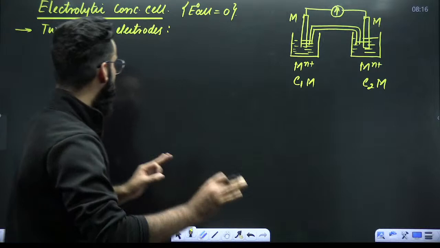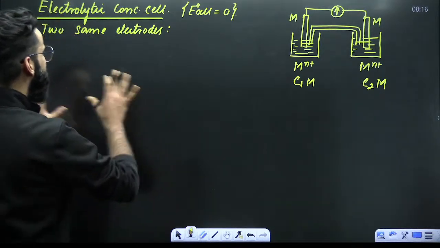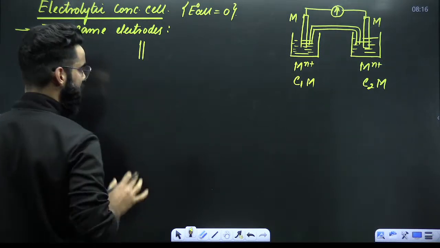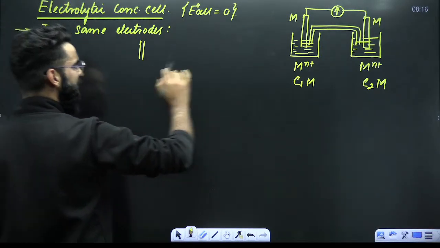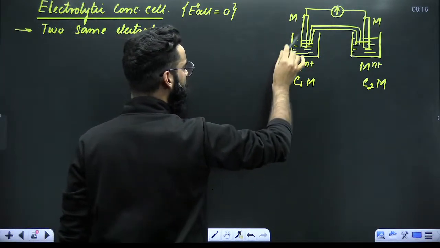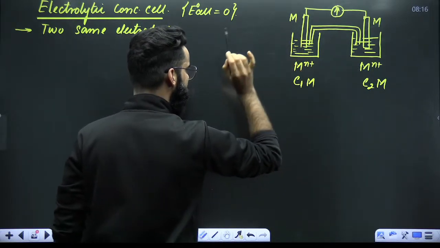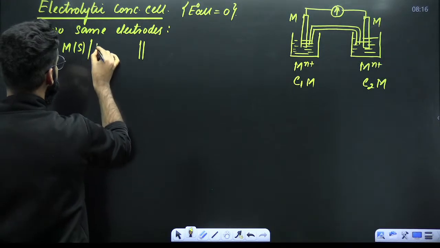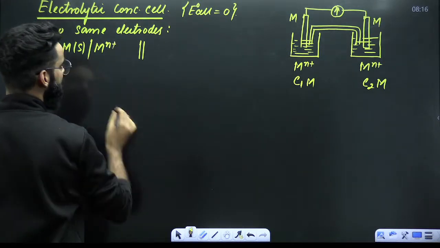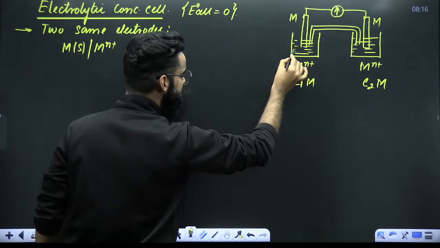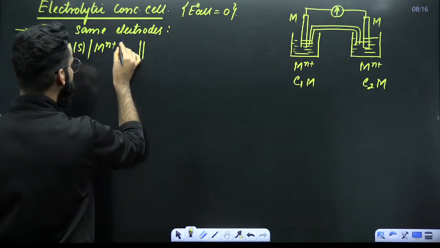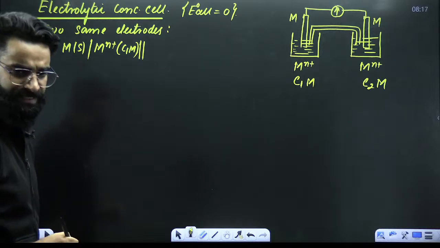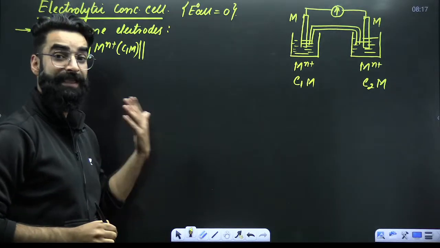Okay. Now the first point, how do I represent this cell? My dear students, this is the salt bridge. On the left side of the salt bridge, I'll be writing the anode. At anode, your M solid is getting converted into Mn positive, and the Mn positive concentration in the left container is C1 molar. Similarly, on the right side of it, I'll be writing the cathode.